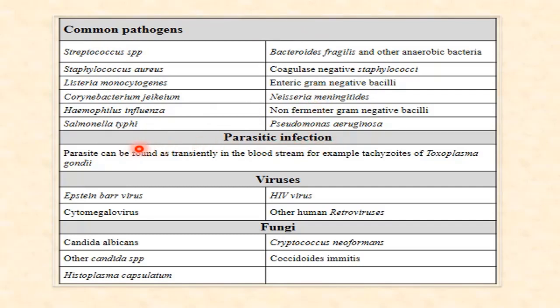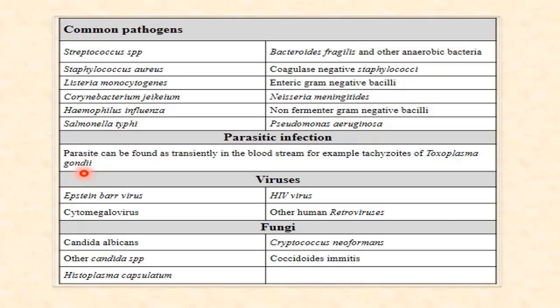As for parasitic infection, parasites can be found transiently in the bloodstream. For example, the tachyzoites of Toxoplasma gondii, the causative agent of toxoplasmosis, are found transiently in the blood.